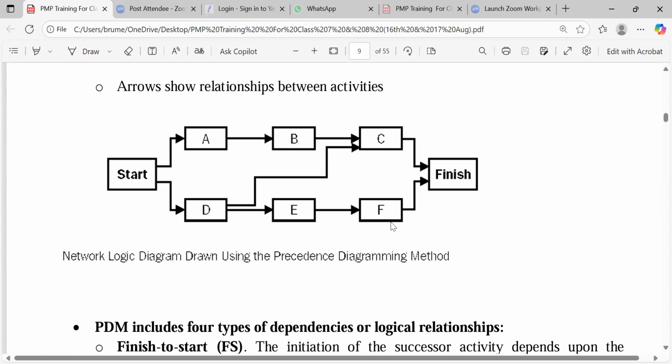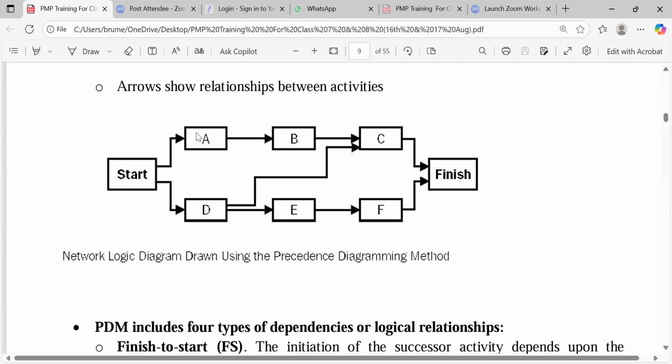Now, how many paths can you identify in this network diagram? 6? No. When I say paths, I don't know if I'm getting what you're saying, but now this is a path.